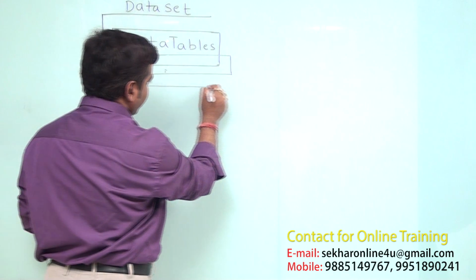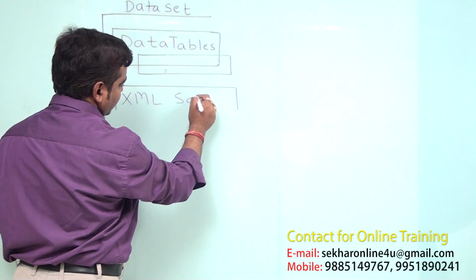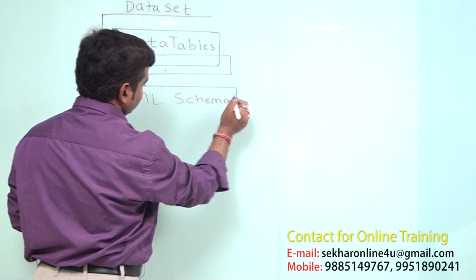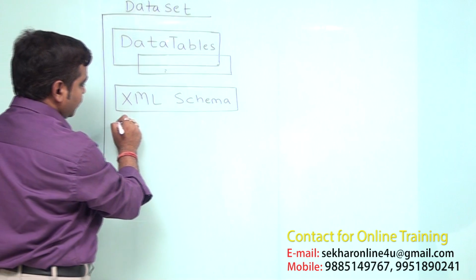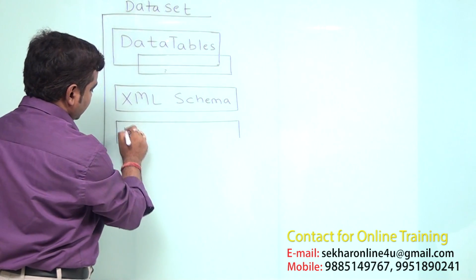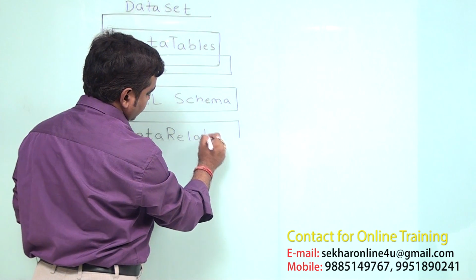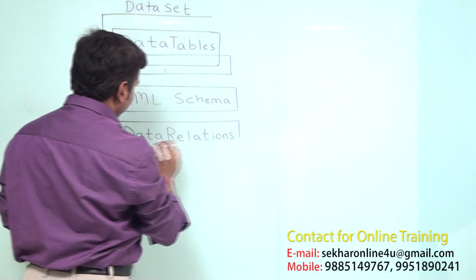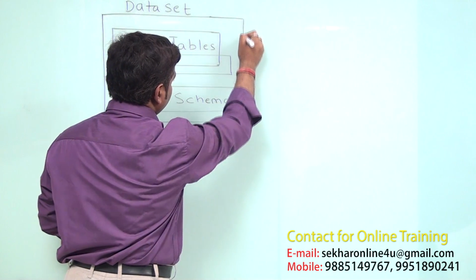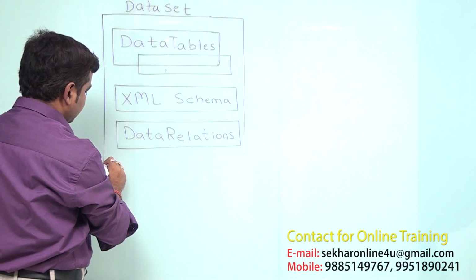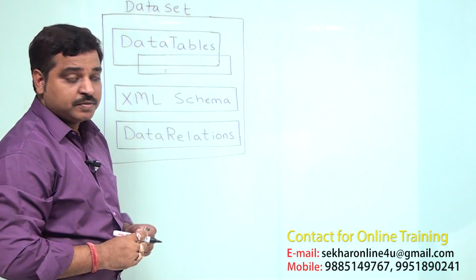It can also maintain some XML schema information. Dataset also supports data relations. So when we observe the data set, a data set can consist of a collection of data tables, XML schema and data relations.